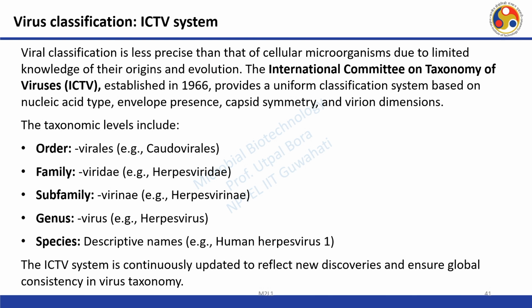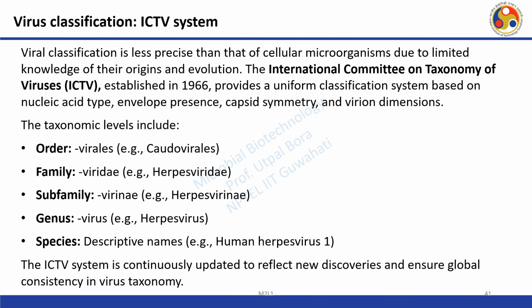Virus classification is based on the ICTV system, or the International Committee on Taxonomy of Viruses, which was established in 1966. This is less precise than that of cellular microorganisms due to limited knowledge of their origins and evolution. The ICTV provided a uniform classification system based on nucleic acid type, envelope presence, capsid symmetry, and virion dimensions.